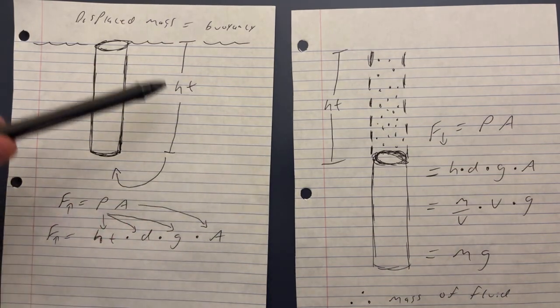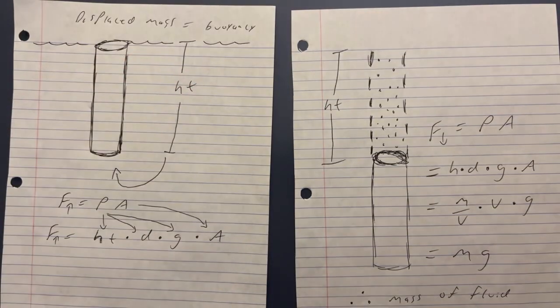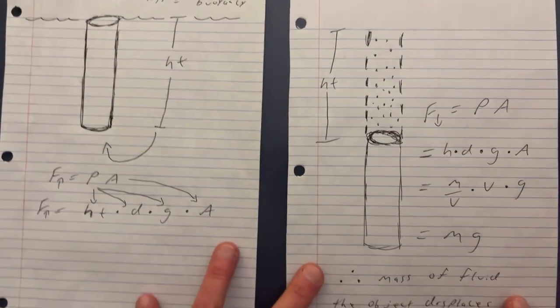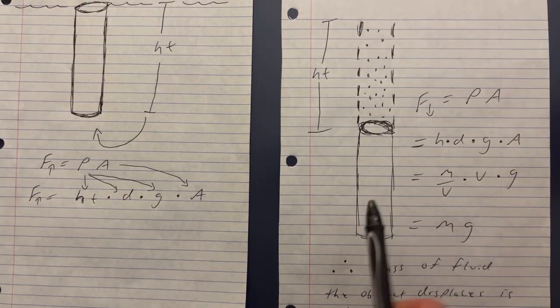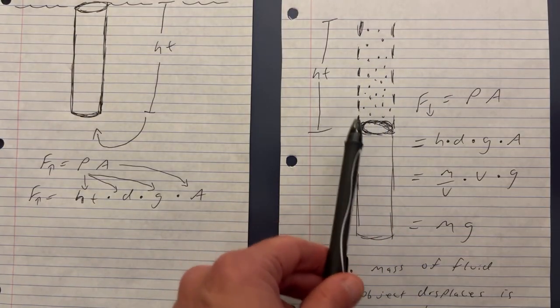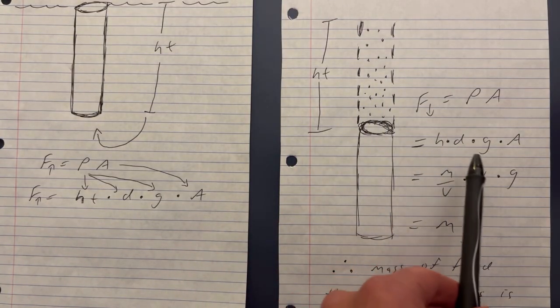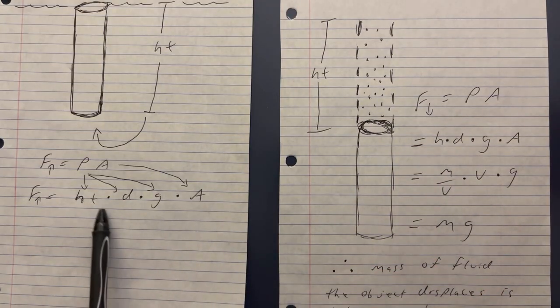We have, instead of the height of our object, the same height, but now it's the height of the water column. You can go through the intermediate step to get volume if you want to, but in the end, you end up with mass times acceleration from gravity. So you end up with force pushing down on that. And the way we get this force from this diagram right here was the HDGA, which will have the exact same numbers on this page as they will on this page.